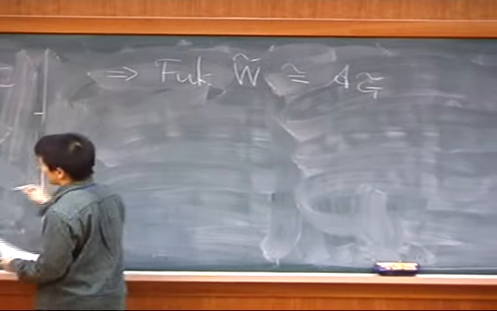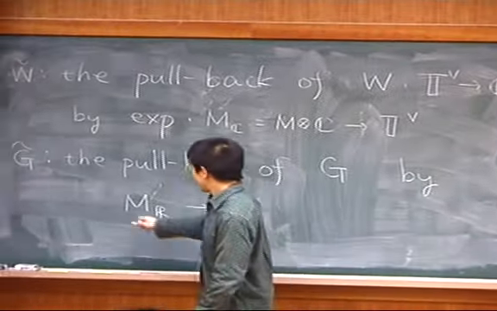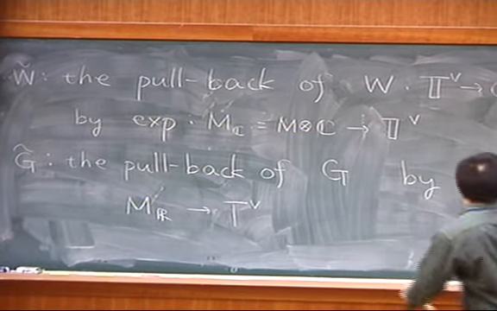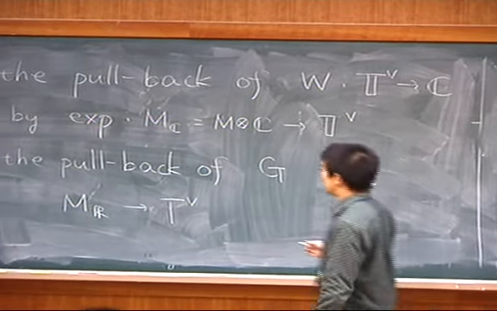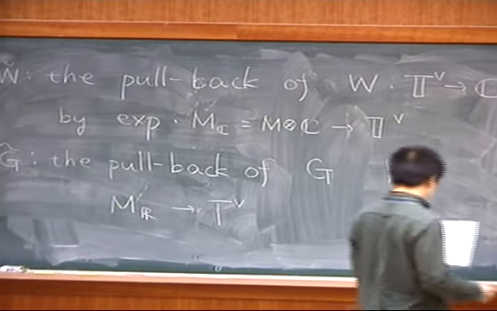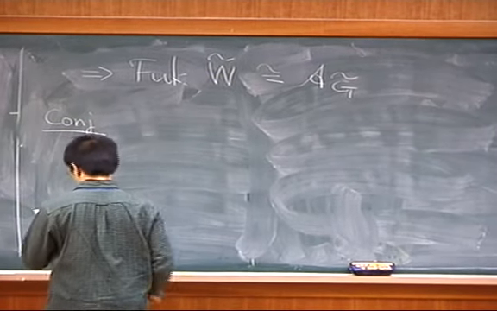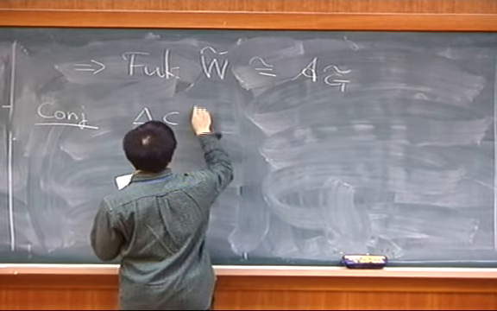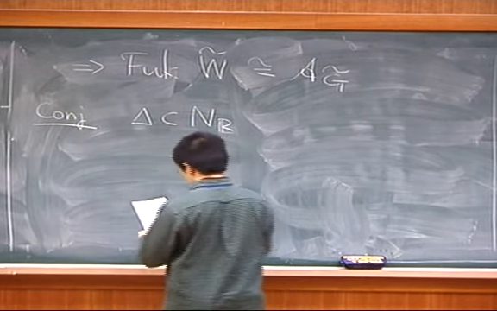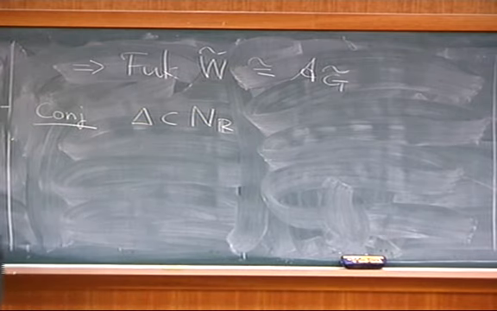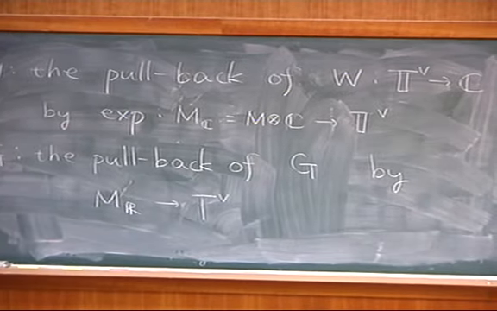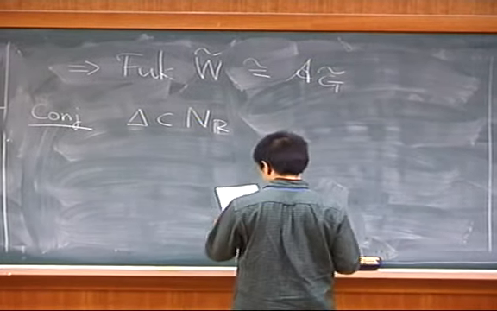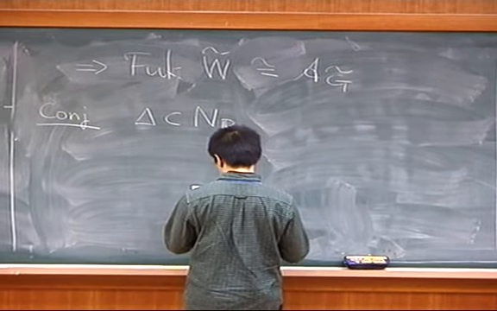And for each polytope, we have a vanishing cycle of W tilde. Then, using this notion of tropical coamoeba, we can divide the homological mirror conjecture into two steps.